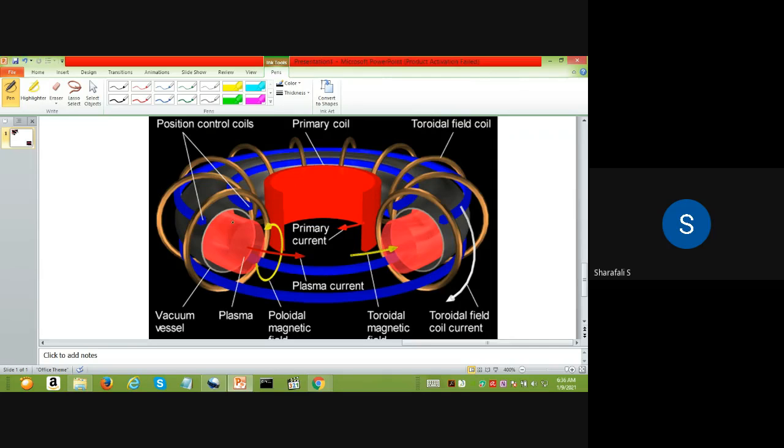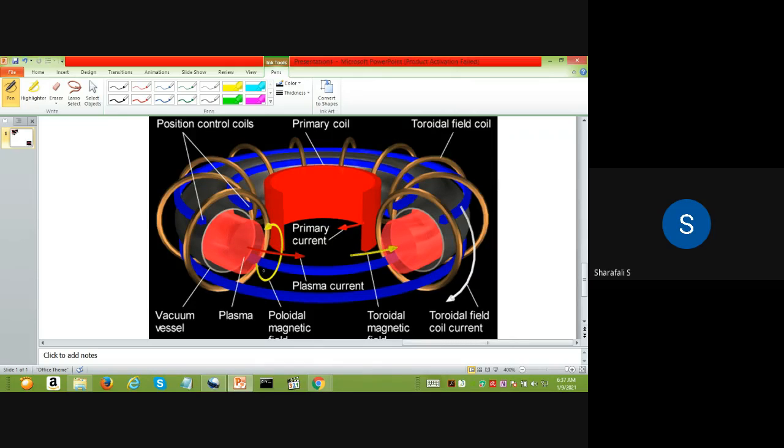So what actually happens? It will have this much diameter for that electron which is revolving. It will be propagating in this direction because of this toroidal magnetic field. Along with that propagation, there will be a circular motion like this. And this circular motion, which has some radius from this axis, is controlled by the magnetic field produced by these position control coils as well as the electron itself.